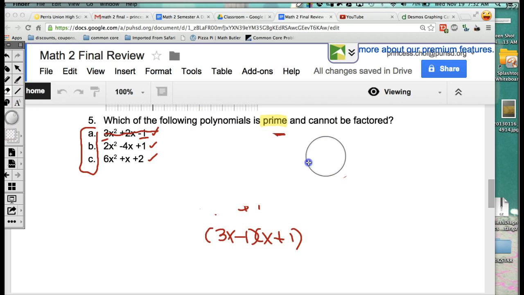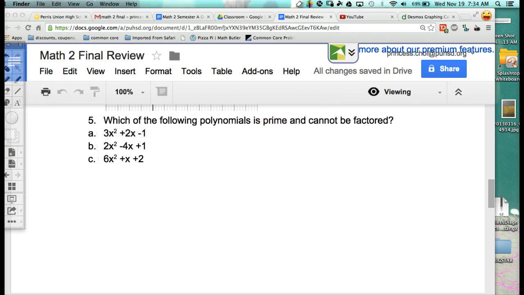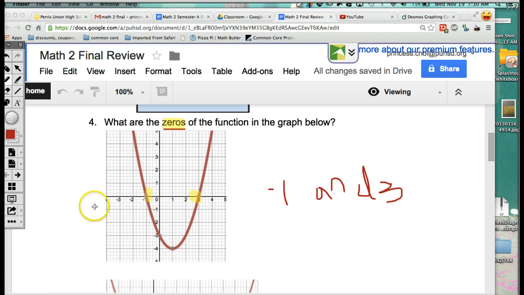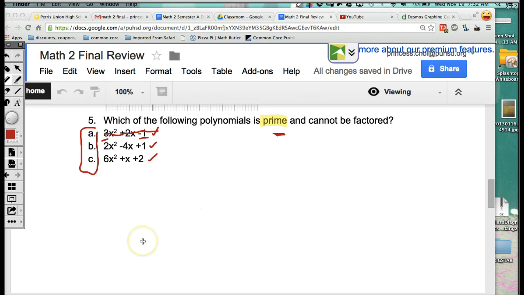Let's move on to the next item: 2x squared minus 4x plus 1. The thing we have to remember is that we have to make sure we cannot factor it.